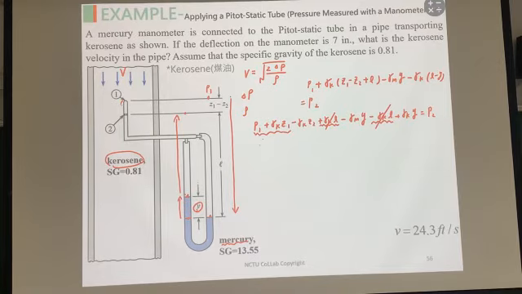For example, here is P1 plus gamma K Z1, which is the piezometric pressure at location 1. And if I move P2 to the left hand side, it will be minus P2, plus gamma K Z2.